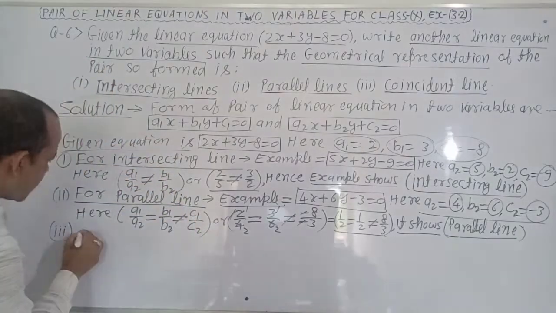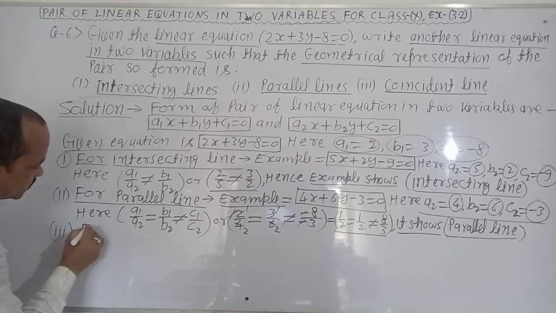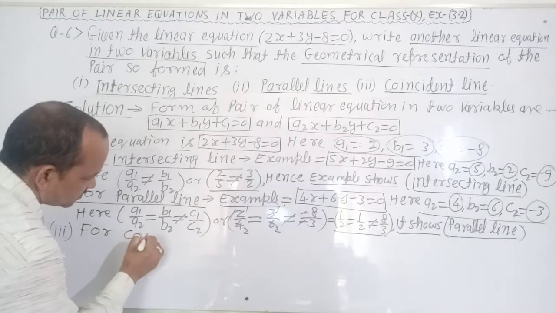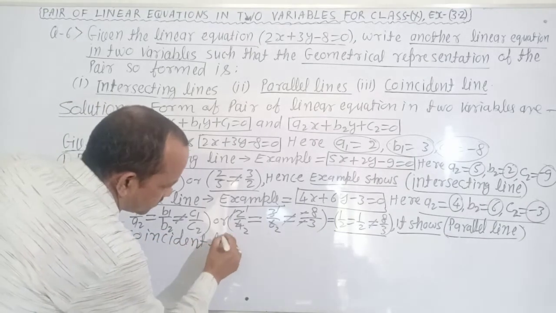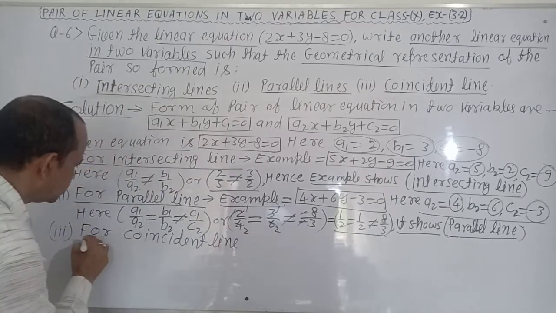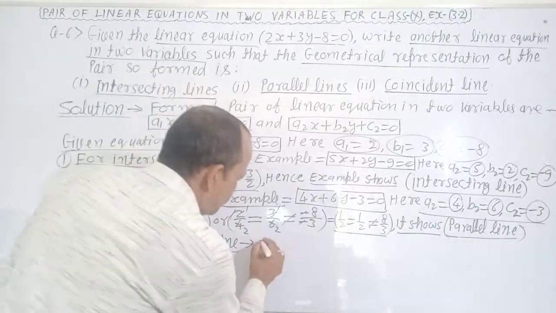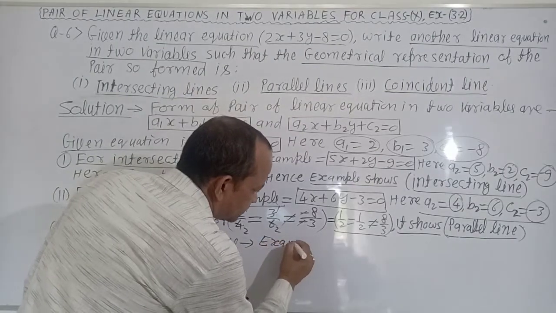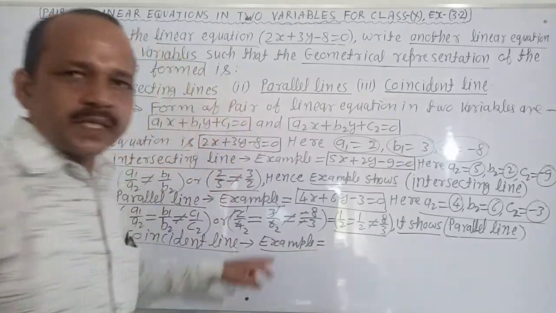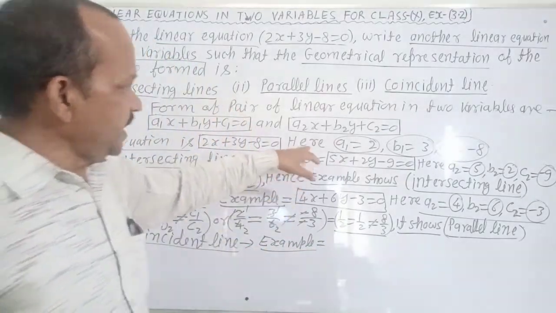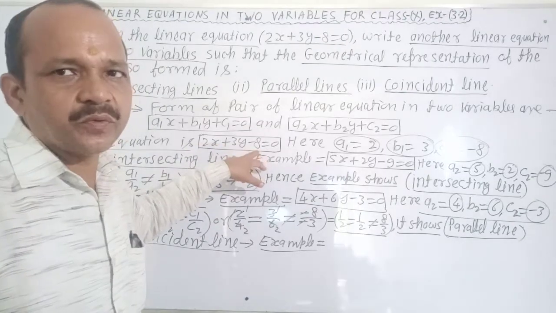Coincident line. For coincident line, example, the given equation is 2x plus 3y minus 8 equal to 0.